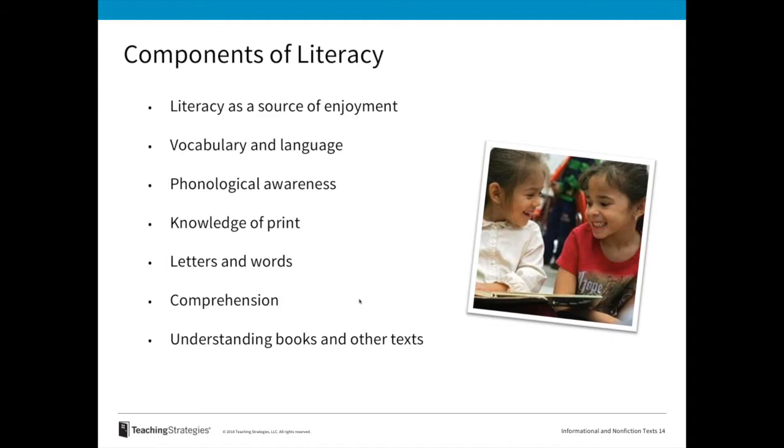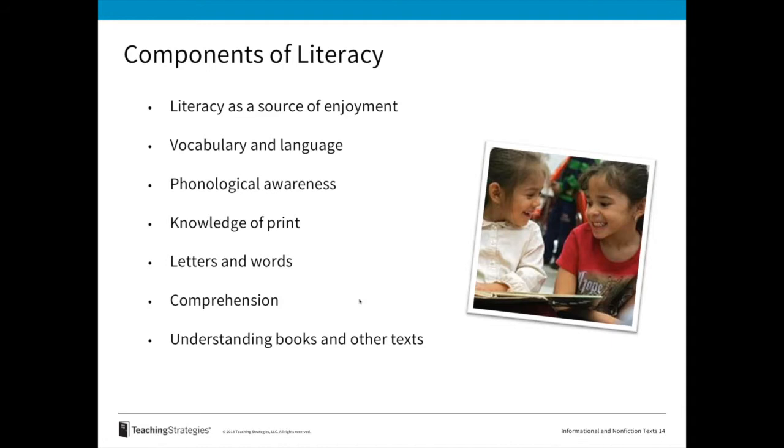When we're thinking about knowledge of print, informational text is often provided in a variety of different formats, right? And this can increase children's knowledge of print and inspire their own creative use of print as they look to share their discoveries, whether that be in webs or labels or diagrams of their observational drawing. It can bring a whole different layer to exposure of what print and its uses are.